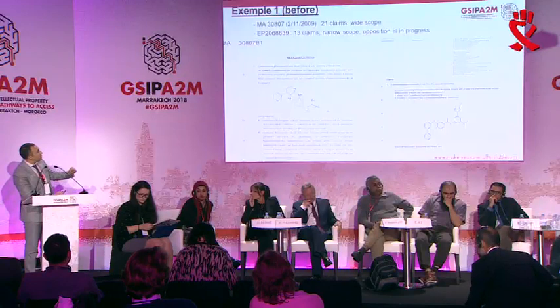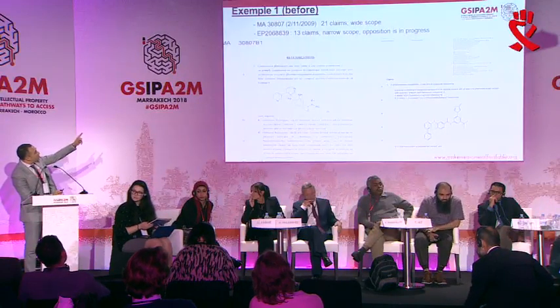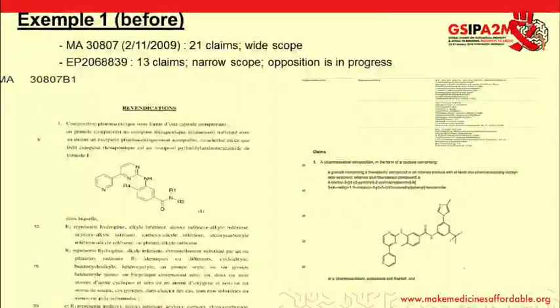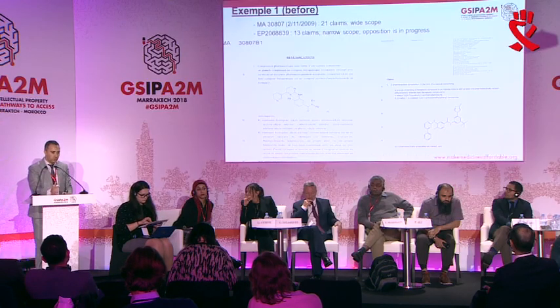Alors, justement, avant la réforme de 2014, je vous donne cet exemple. C'est une demande marocaine pour laquelle un brevet a été délivré en 2009, dans le domaine pharmaceutique. Je ne vais pas entrer dans le détail, mais il s'agit d'une composition pharmaceutique sous forme de capsule.